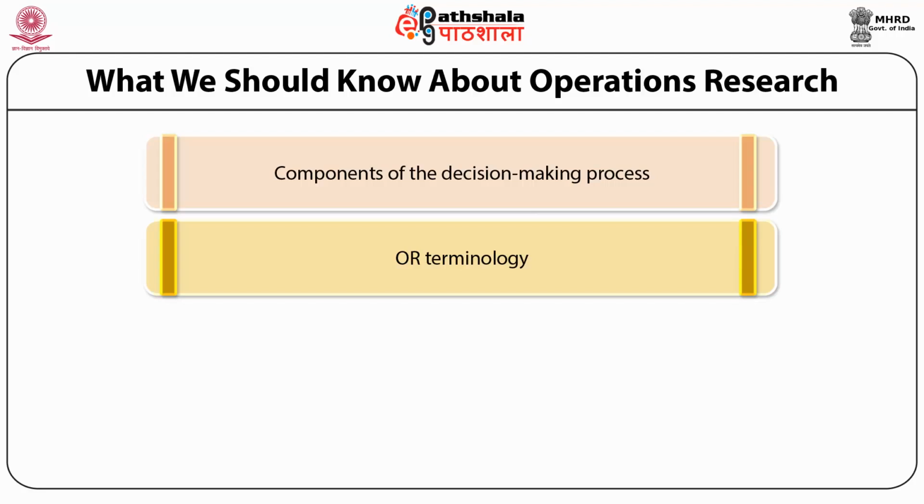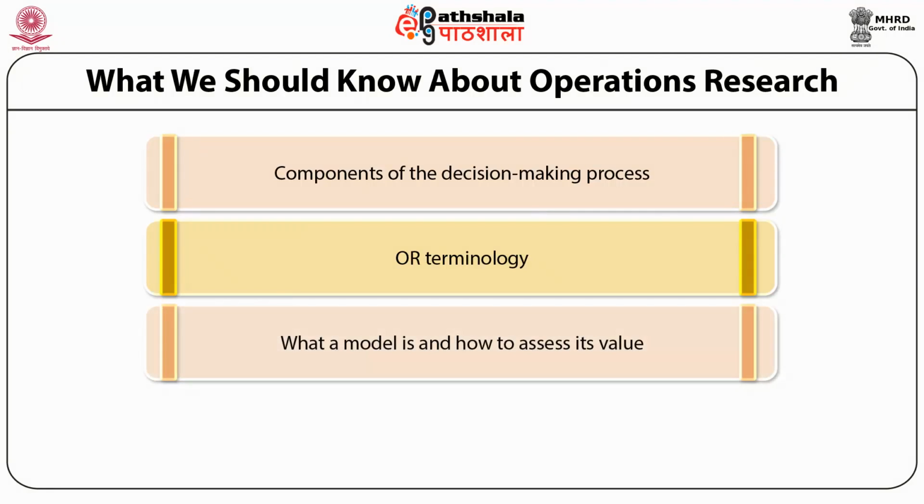Thirdly, we should know what a model is and how to assess its value because everything is dependent on mathematical modeling. So people have to be explained how models are to be prepared, how models are to be applied, and how we can assess their values so that efficiency can be brought into various processes and procedures.